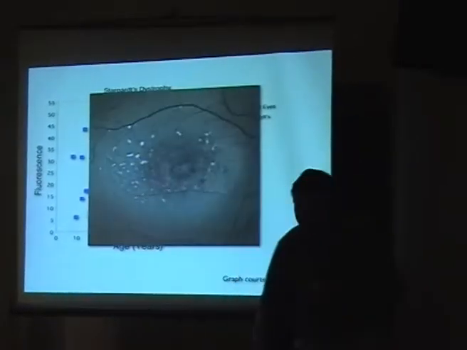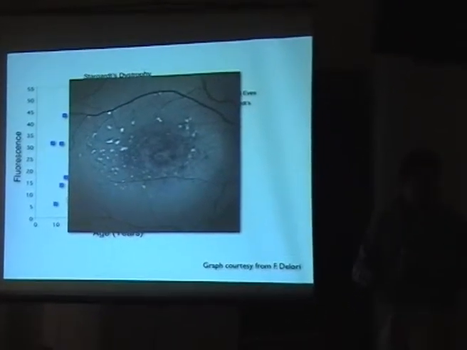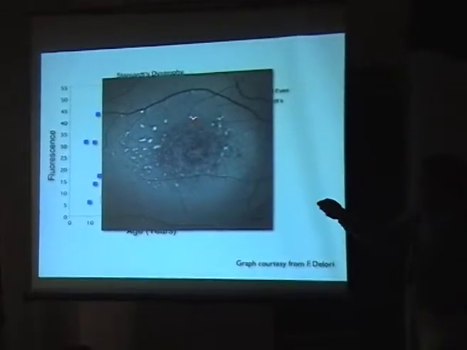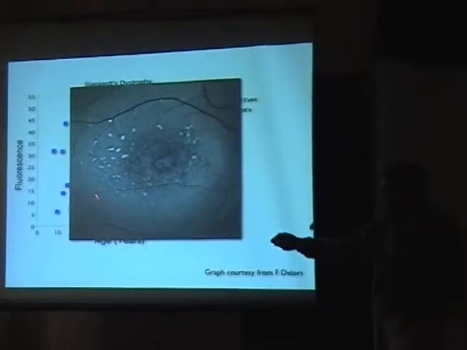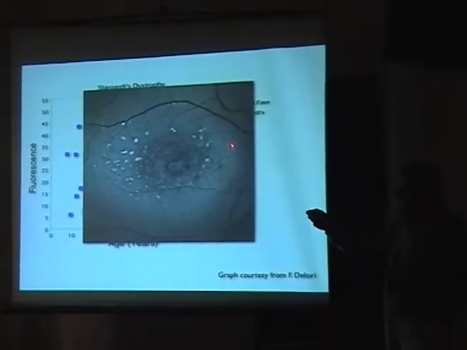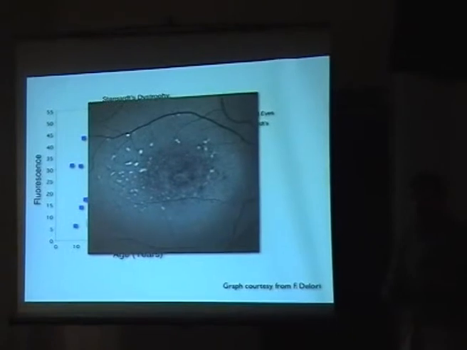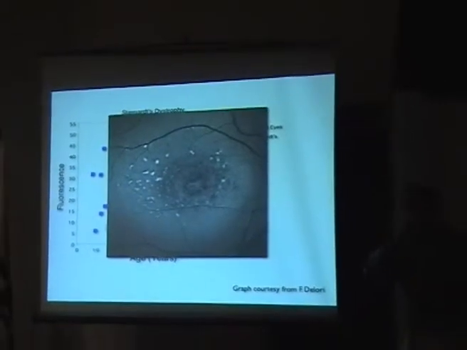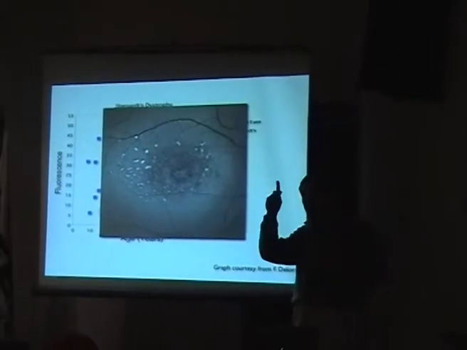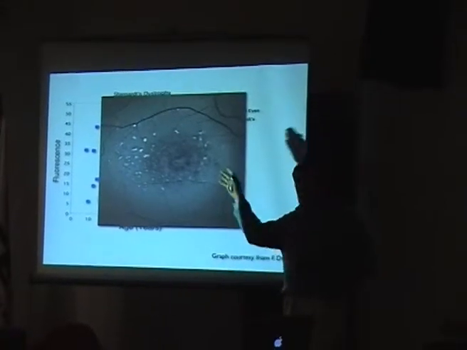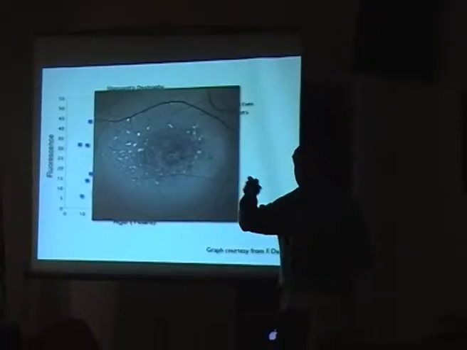So let's start with that 13-year-old subject. You see some flecks here, but also a background that is quite visible. You remember what we said yesterday about that young subject with a high fluorescent background.